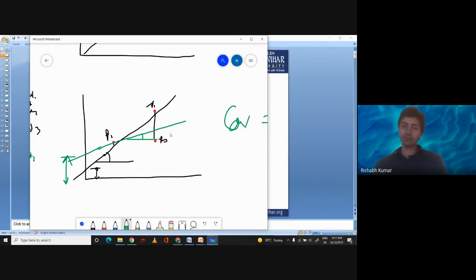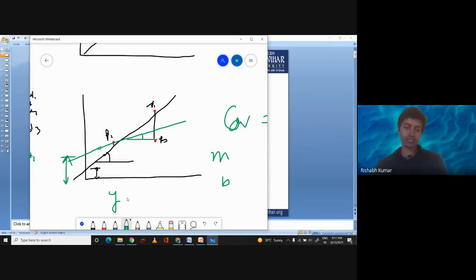So for the line of best fit, because there could be any number of lines, you can draw any number of lines, but which line will best fit the data? For that we are finding m, the slope, and b, the intercept.